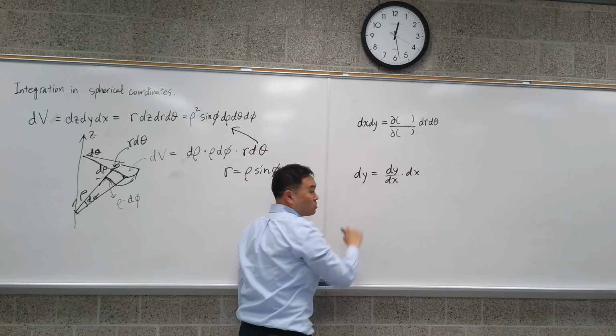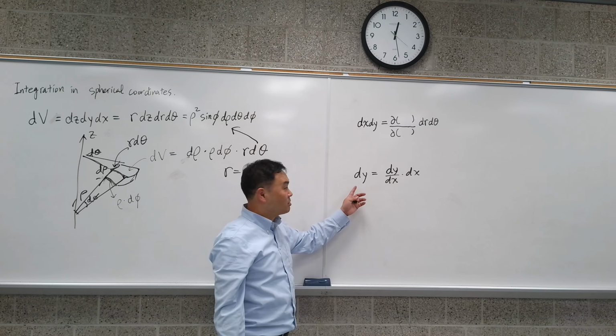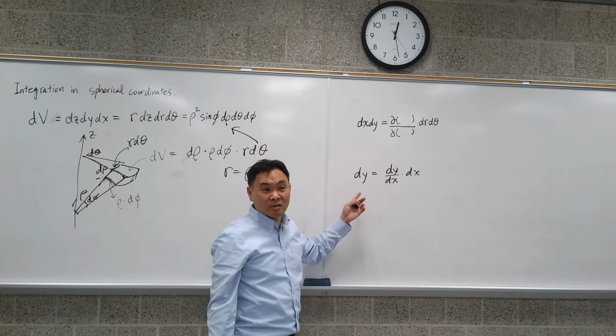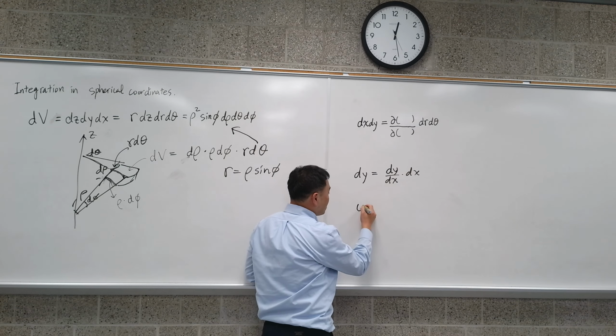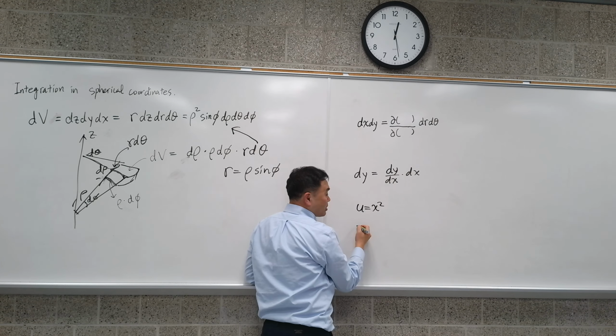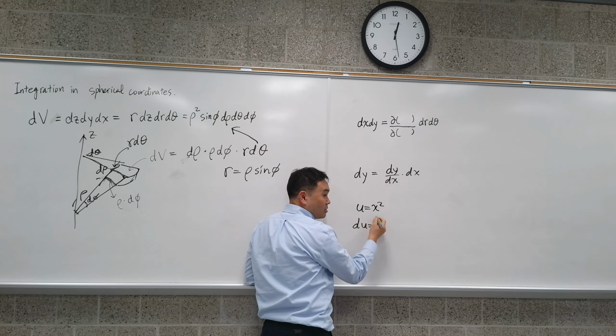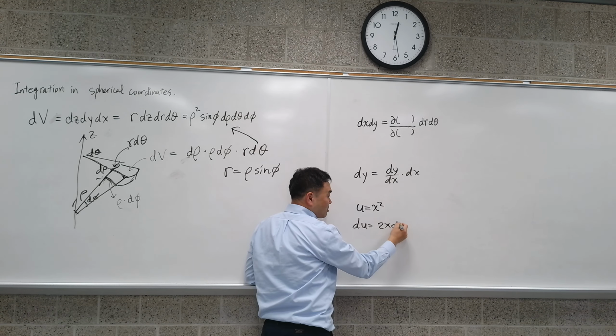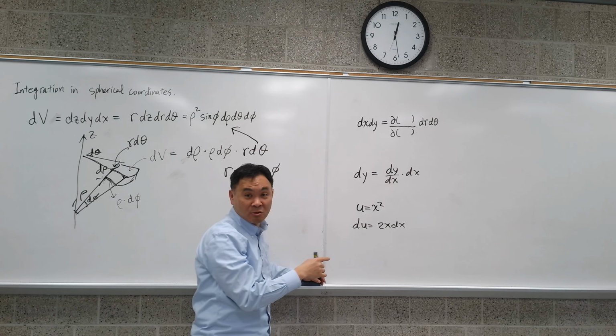This is what you use in integral calculus, right? So for example, if you have u equals x squared, what do you say? du is 2x times dx. That's what you use for u substitution, right?